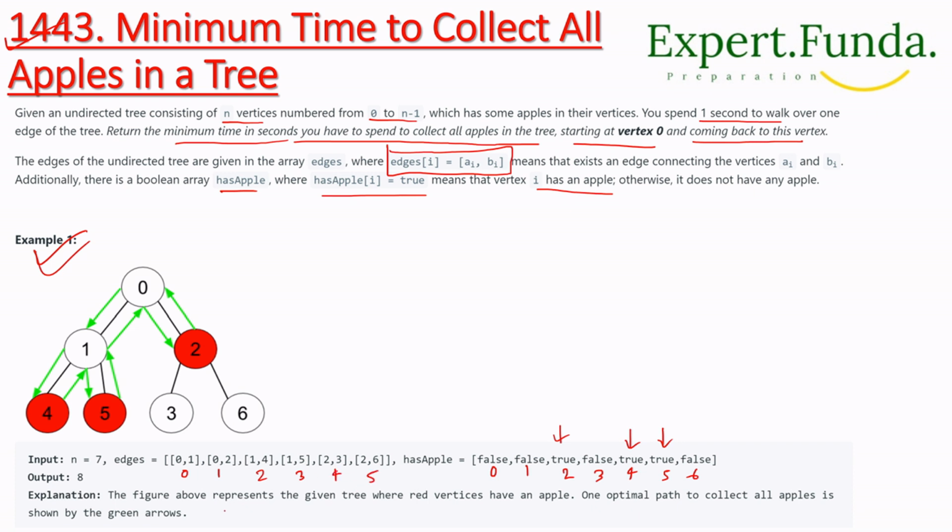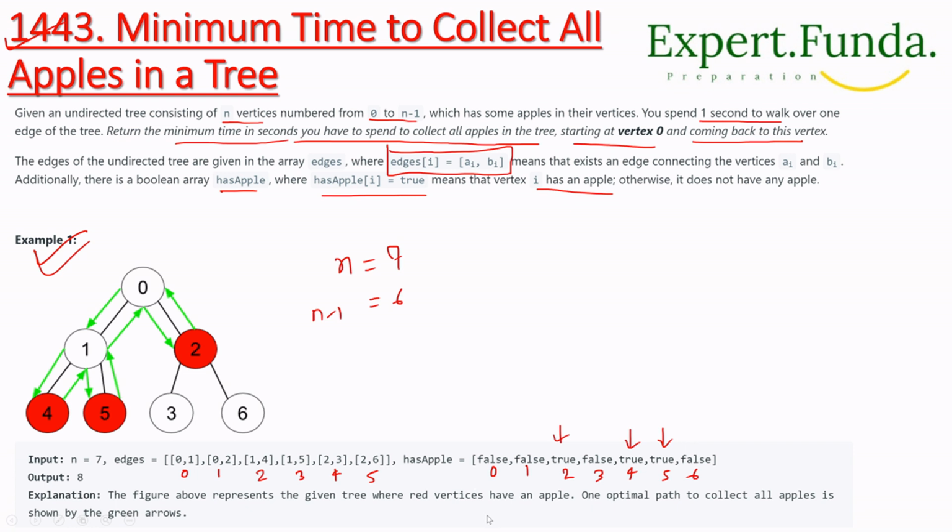Total how many edges do we have? N minus 1. If n is equal to 7, the number of edges should be n minus 1, and that is 6. That is our edges, that is 6. Yeah, it's good. Now 0 to 5 is 6 edges, and total nodes are 7.